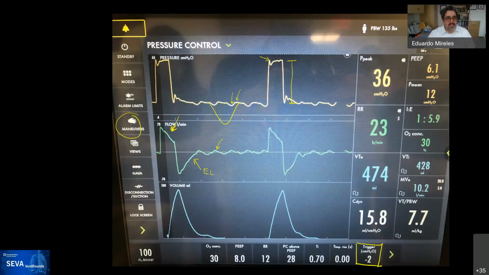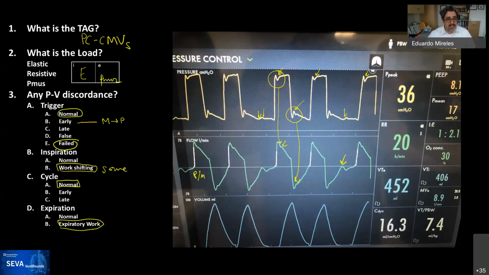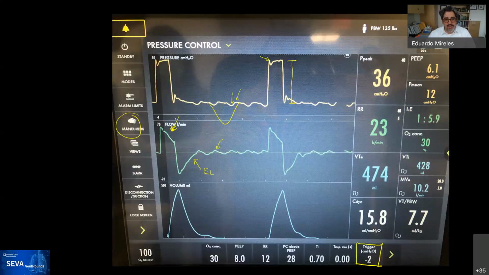So this is a false trigger, right? You'd label it as false trigger, and you would not say failed trigger because you know there is not a true patient effort. Exactly. So this is a case of false trigger mimicking a failed trigger.